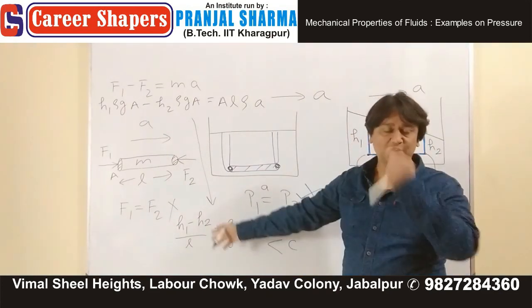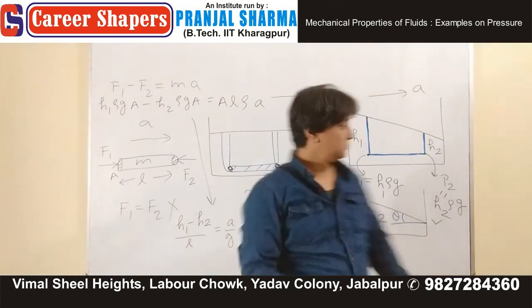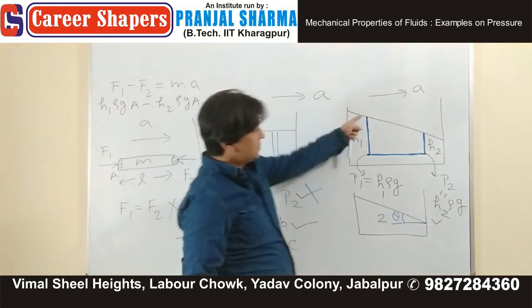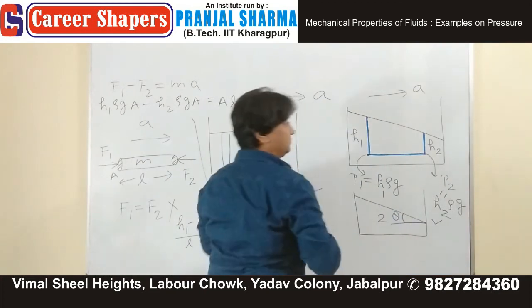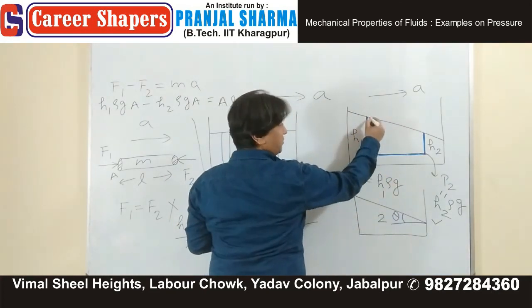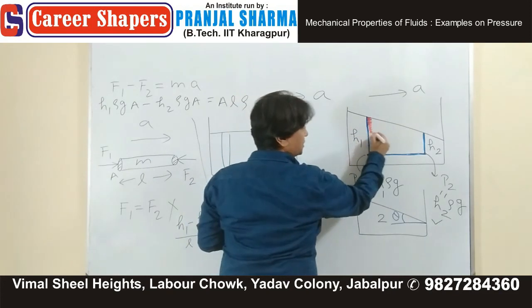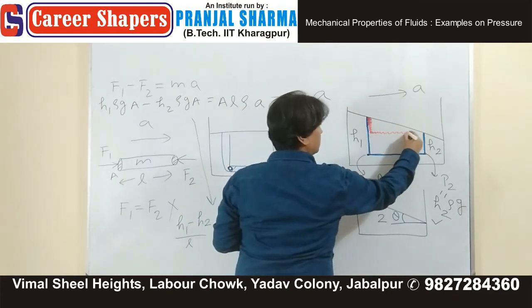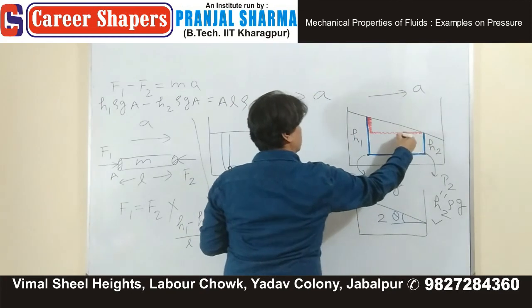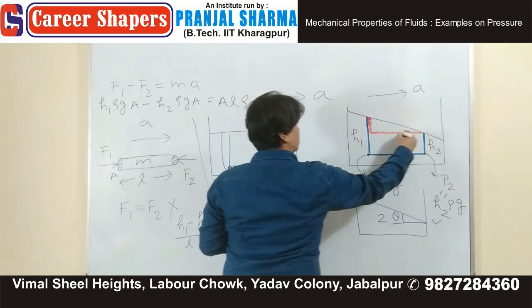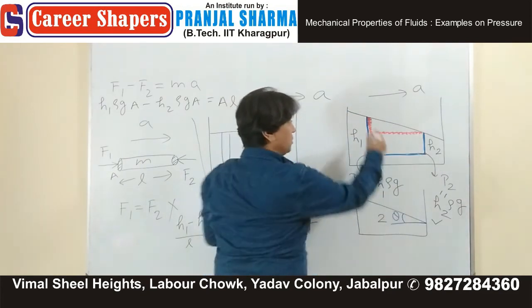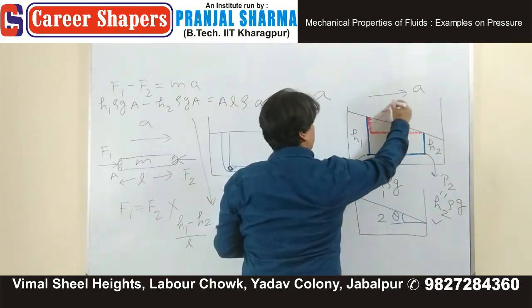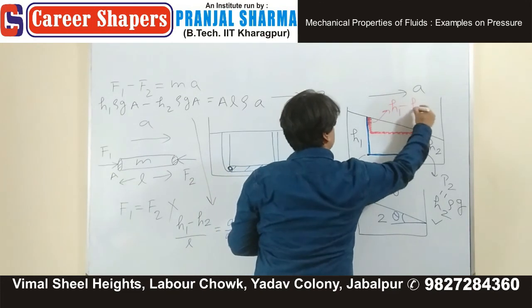Now, can you see what is H1 minus H2 upon L? This is H1, this is H2. Thing in red. This much in red. Up to this place. The whole thing is H1, this is H2. What is the red part? H1 minus H2.